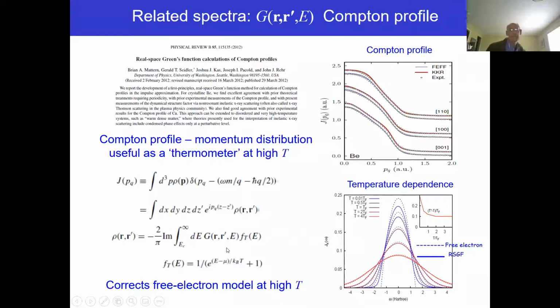And this, I must say, is also very useful as what you might call an X-ray thermometer at high temperature, because this edge broadens with temperature. And it's a way of determining the internal temperature, many, many thousands of degrees Kelvin. And I think you can see some of our people here, especially Gary and a former graduate student, Brian Matherin, who did this beautiful work.